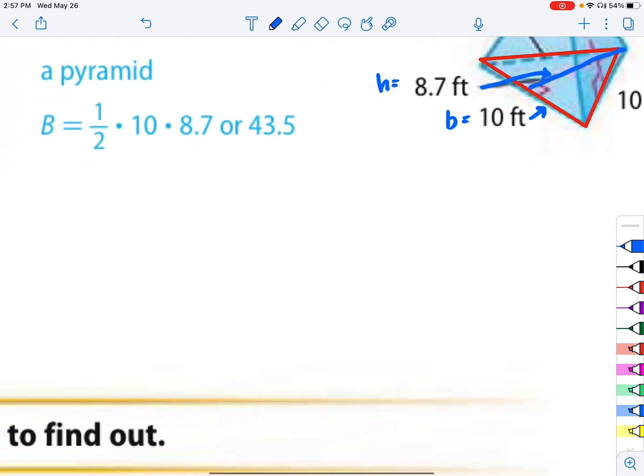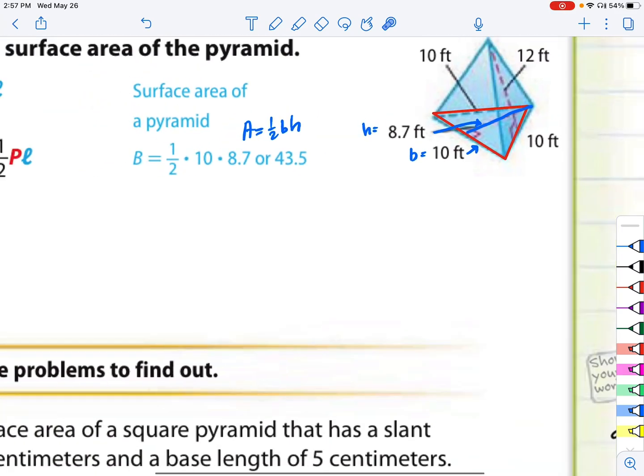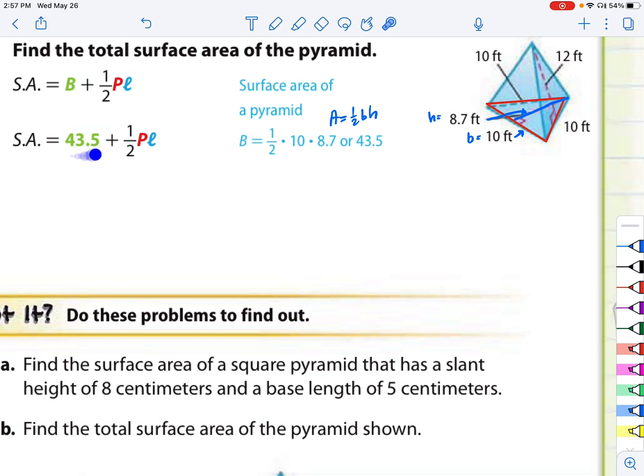The area of a triangle we know is 1/2 base times height. So we get the base, which is 10 feet, and the height, which is 8.7 feet, multiply by 1/2, and we get 43.5. And that's exactly what we have here.